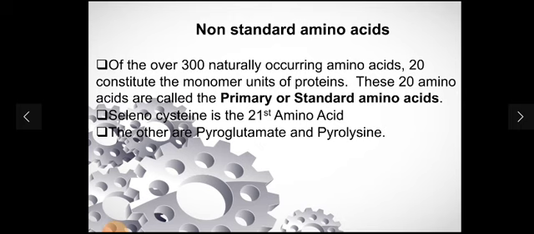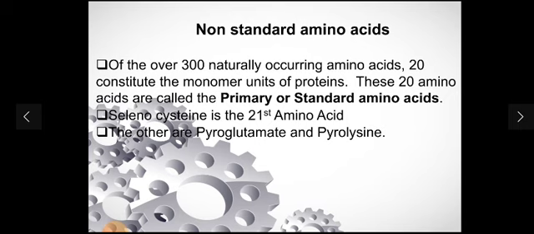Now we have the non-standard amino acids. You don't see them in proteins, but they are quite important in the body. In fact, some textbooks describe them as newly discovered amino acids. Of the over 300 naturally occurring amino acids, 20 constitute monomer subunits for protein.